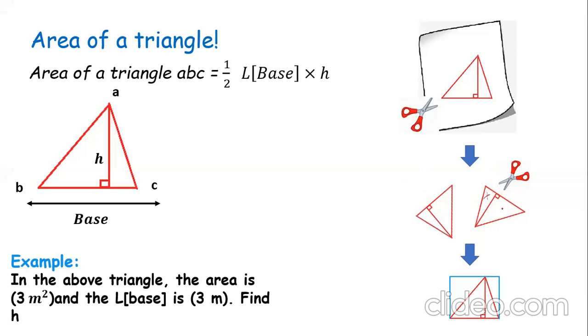This is the first one and this is the second one. So now this triangle here is moved to this red triangle as it is. We didn't do any cutting here.